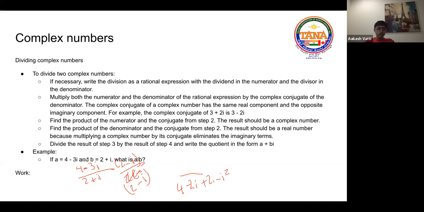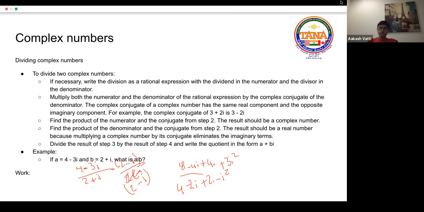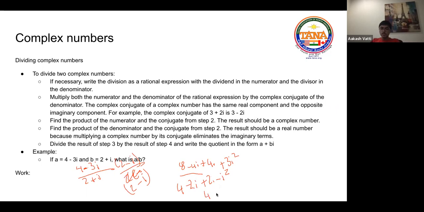Multiplying 4 minus 3i times 2 minus i gives 8 minus 4i minus 6i plus 3i squared. When you combine like terms, you should get 4 minus i squared on the bottom, and on the top, you should get 5 minus 10i.